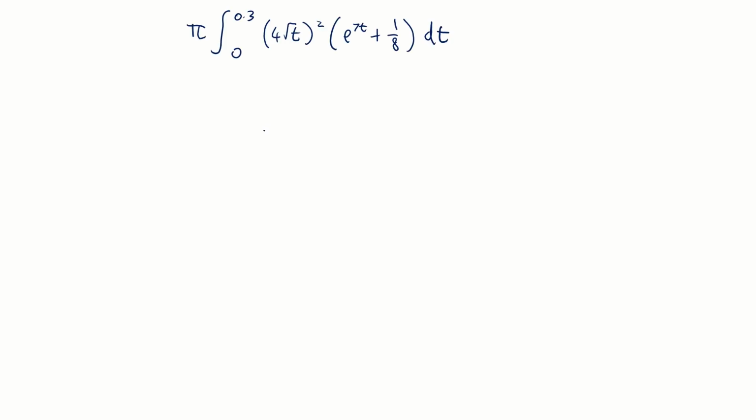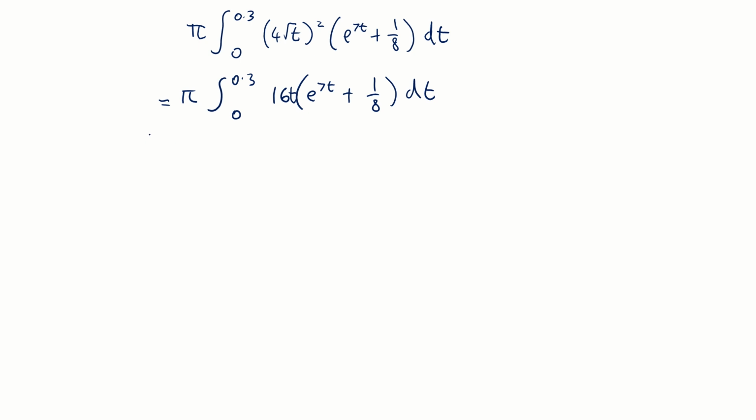Okay, so continuing on, we would then want to do the x squared bit, so square out the 4 square root of t squared part, and that would end up getting us, of course, just 16t, which is quite nice. And then we've got to be multiplying that by e to the 7t plus 1/8.